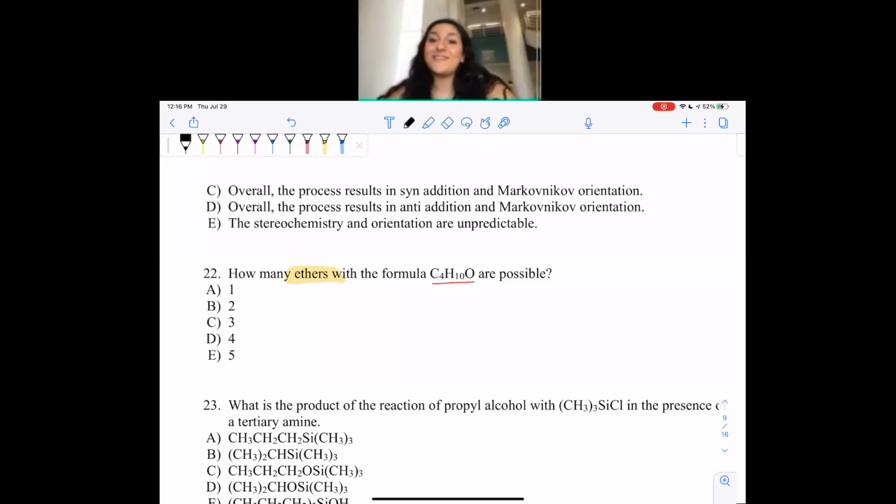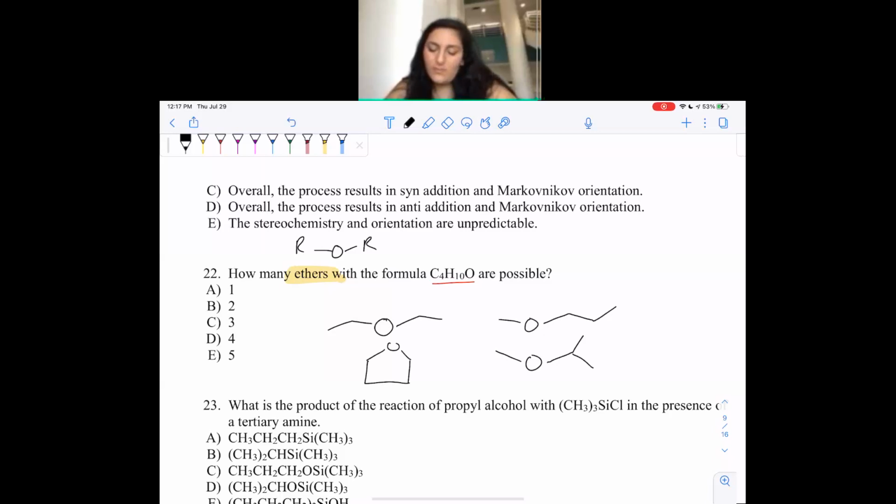So specifically ethers, we know that the O has to be in the middle. So those alcohols I drew, garbage. Okay, so if we have the ether in the middle, we can either do 2 carbons on each side. We can do 1 carbon and 3 carbons. Either way. Or we could do this.